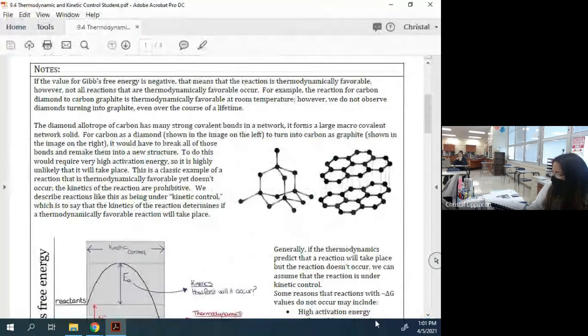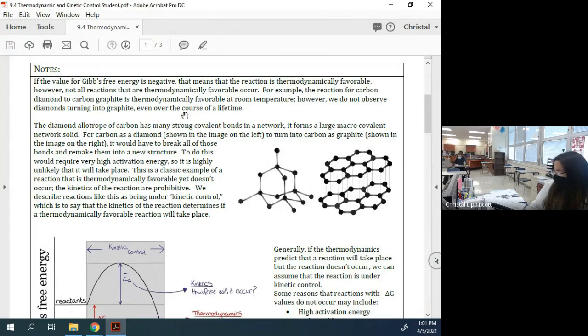Okay, so when we talk about Gibbs free energy, if we have a negative Gibbs free energy, that means it's thermodynamically favorable. Remember, they prefer you to use thermodynamically favorable over spontaneous, okay? Not all reactions that are thermodynamically favorable actually occur.